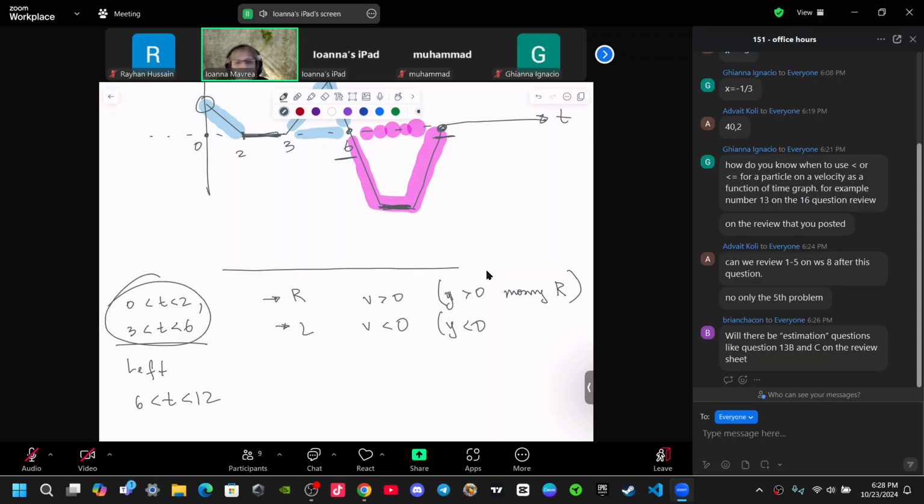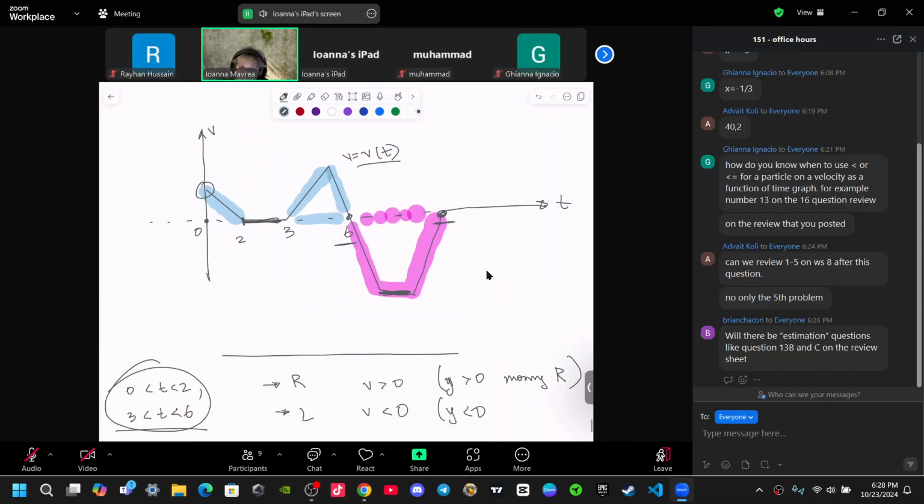So when is the particle stationary? That means for more than an instant, that is more than 1 second. So it's stationary here at exactly 1 second. It's moving to the right, and then it turns around and moves to the left. This is when you make a turn, but you're still driving at that point, right?